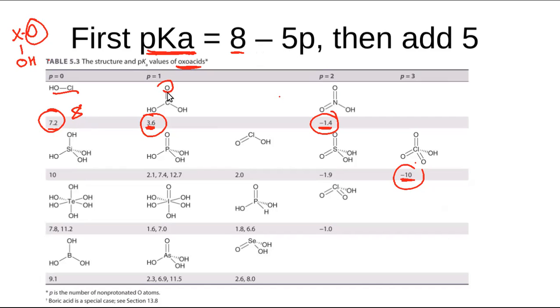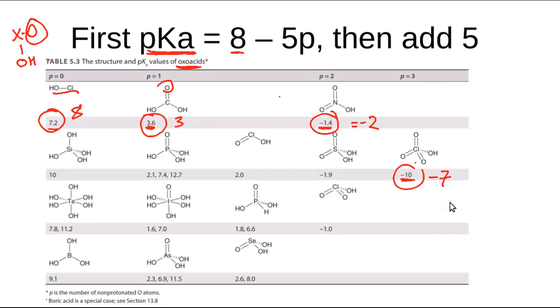Here it's 1. 8 minus 5 times 1, that is 3. Yeah, this fits. P equals 2. 5 times 2 is 10. 8 minus 10 is -2. This fits. The trend is at least a lot indicating.